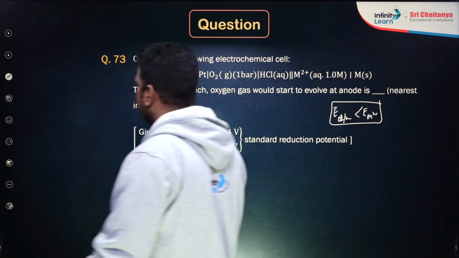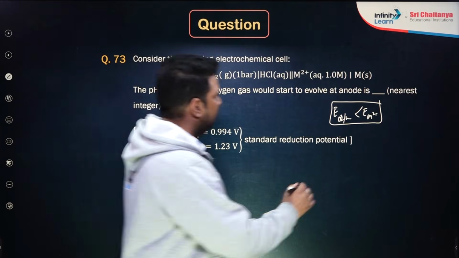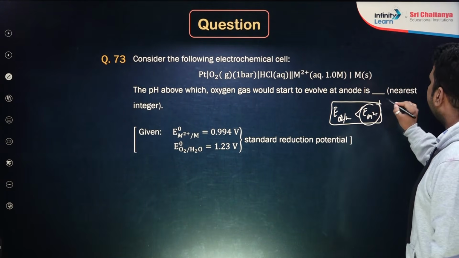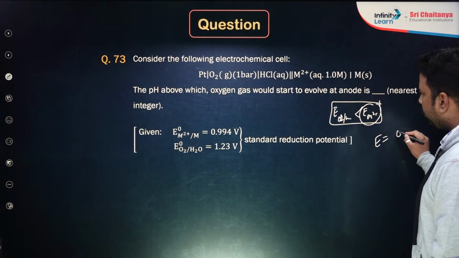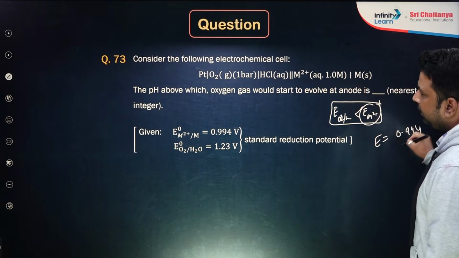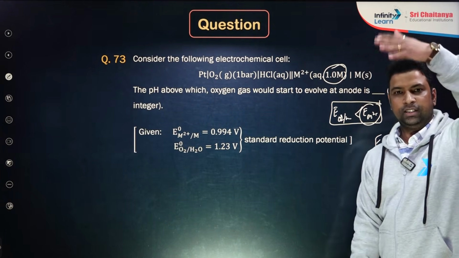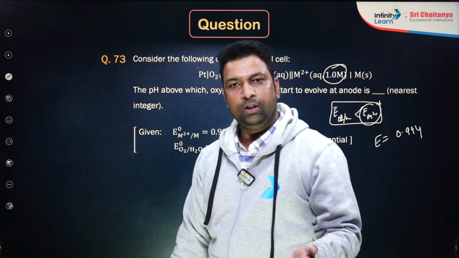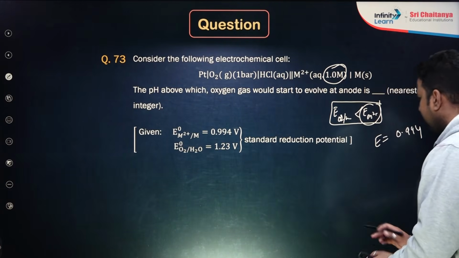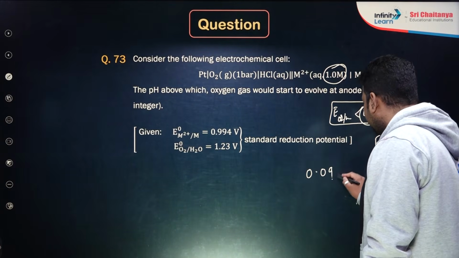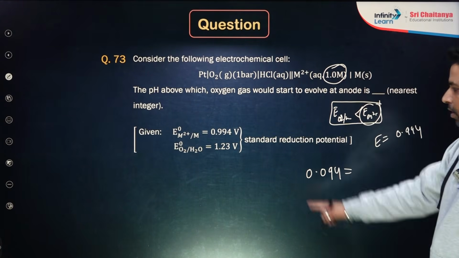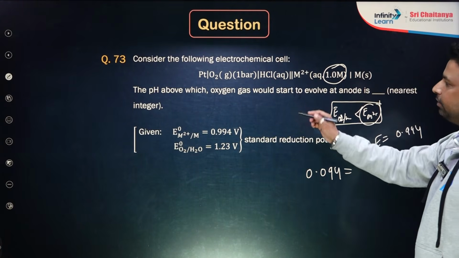So if I talk about E of M2+ to M, the EMF will be exactly equal to 0.994, because the concentration is 1, so the log portion will contain 1, log 1 will be 0, so it is exactly equal to E naught.